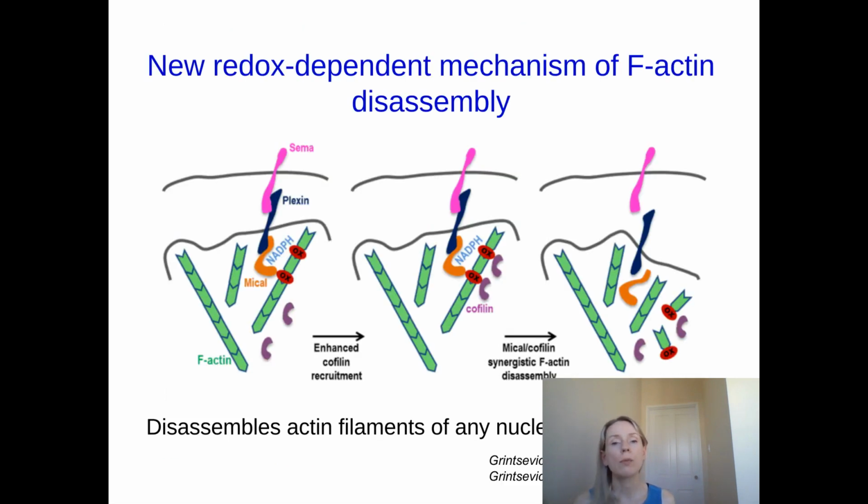And based on this, we proposed our first working model of this new redox-dependent mechanism of actin disassembly. We showed that this mechanism allows Cofilin and Mical to disassemble filaments independently of their nucleotide-bound state. And the way it works is that Mical is getting activated. It's normally auto-inhibited to allow for very localized effects.